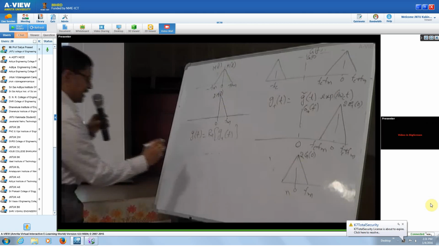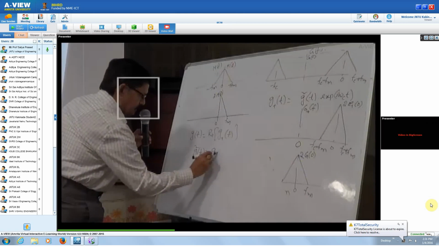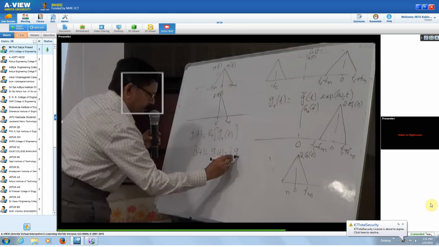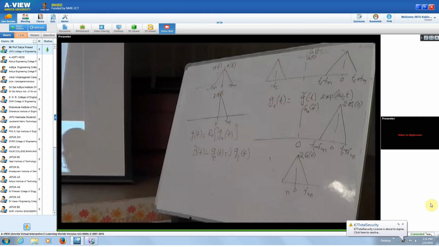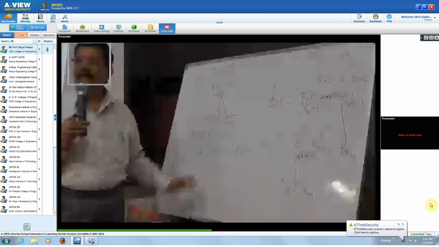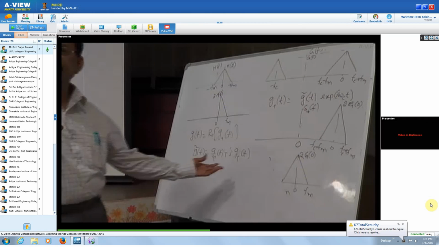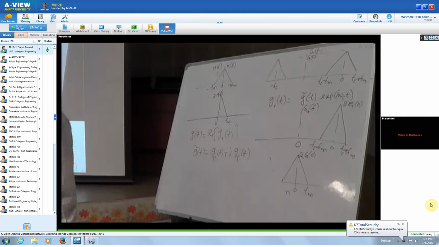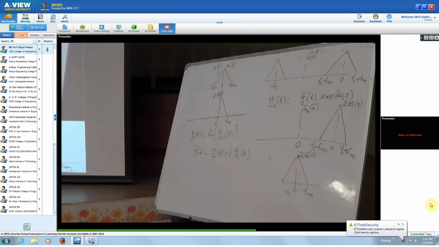Therefore, we will write G hat of t as Gc of t plus j Gs of t, the real part and imaginary part of G hat of t, where Gc of t is the in phase signal and Gs of t is the quadrature signal.